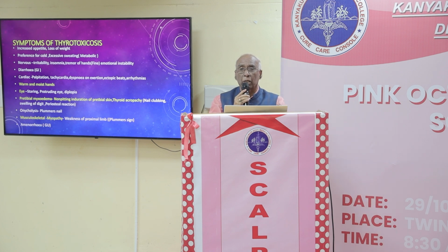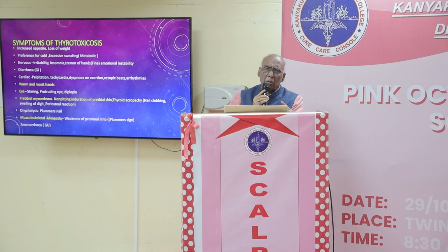This is called pretibial myxedema. And also something called thyroid acropathy, which is nothing but nail clubbing seen in thyroid toxicosis, along with some swelling of the digits as a result of the periosteal reaction.